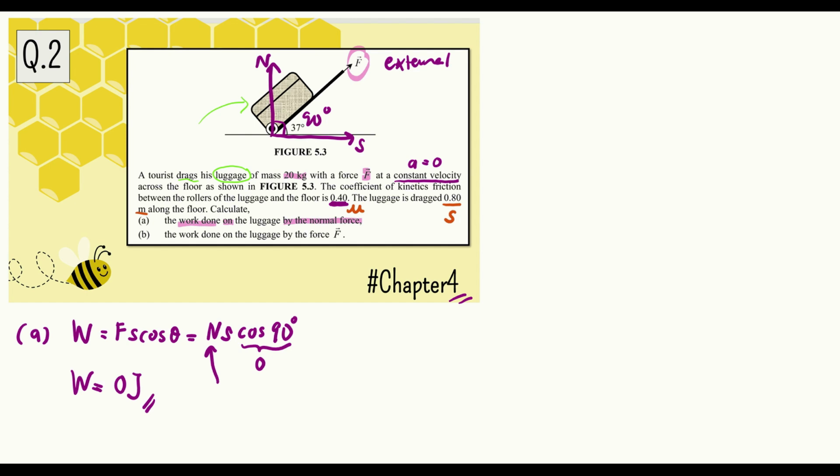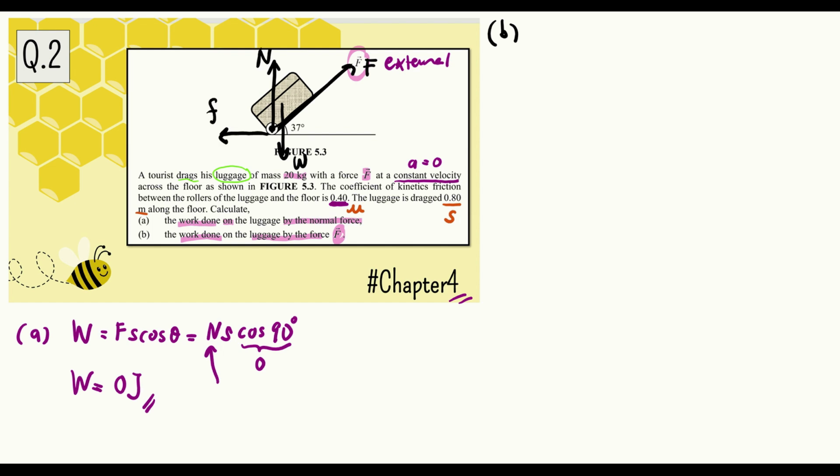Then for the second question, the work done on the luggage by the force F, we need to solve the forces acting on the luggage. First we draw the free body diagram. The forces acting on the luggage are the force, the weight, the normal, and also friction.